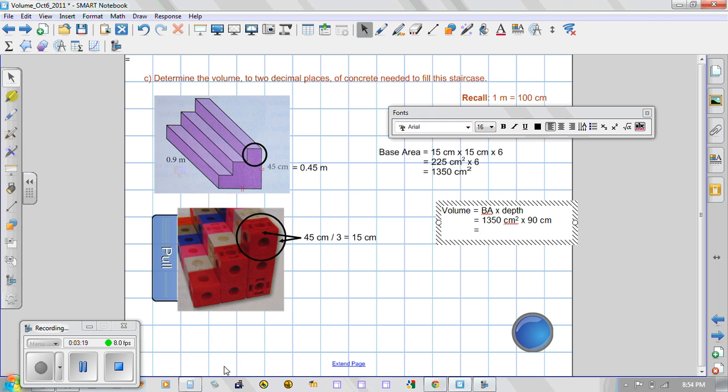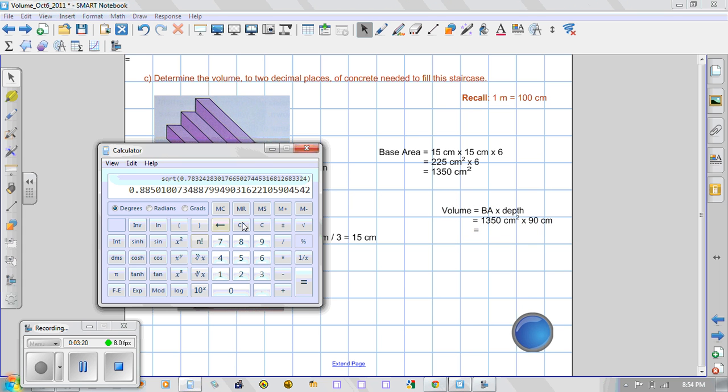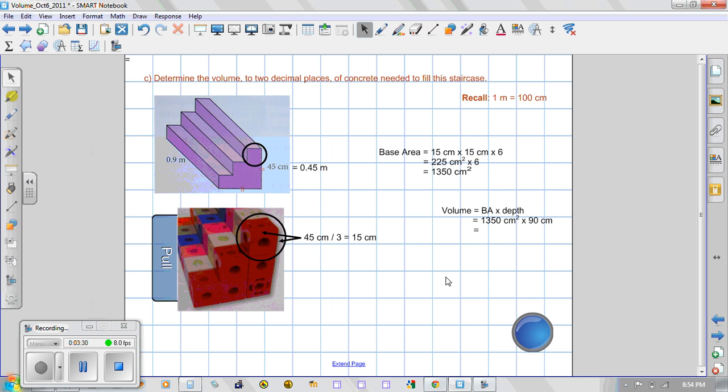So in multiplying those two values together, 1,350 multiplied by 90 gives us a grand total of 121,500.